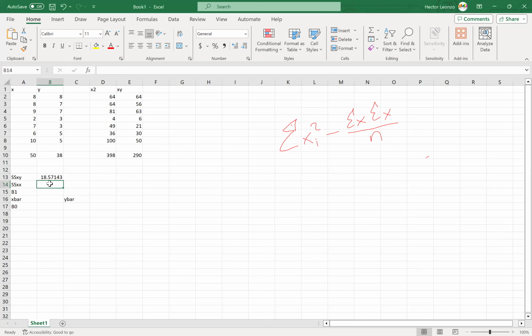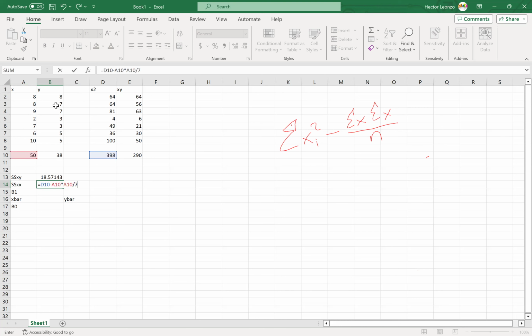go here. I'm going to press equal, sigma of x squared, right? So I see x squared here. So sigma is this one. So basically when I added all my values, minus sigma of x is this 50 times sigma of x again divided by 7.